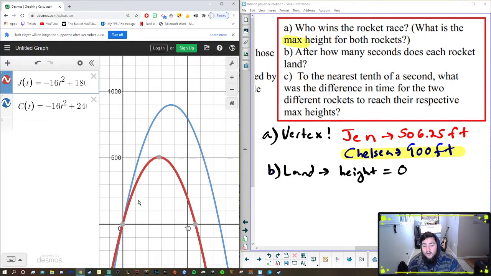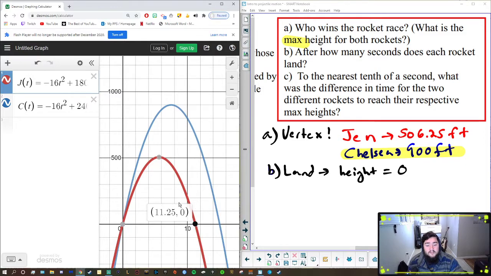Jen is the red. When this rocket starts on the ground at 0 seconds, it goes up, up, up. After 5.6 seconds, it's 506 feet in the air. And then it begins to fall. And when the height is 0, 11.25 seconds have gone by.